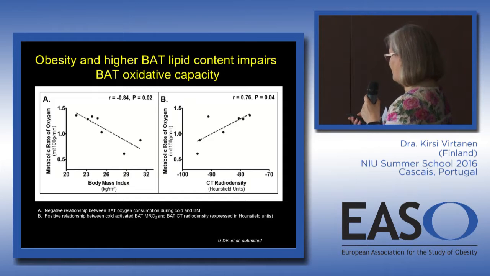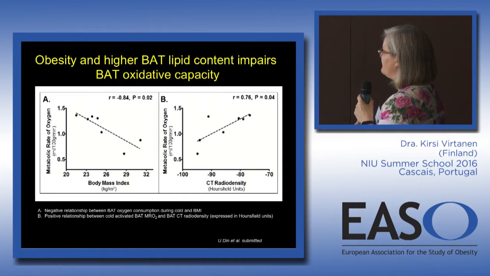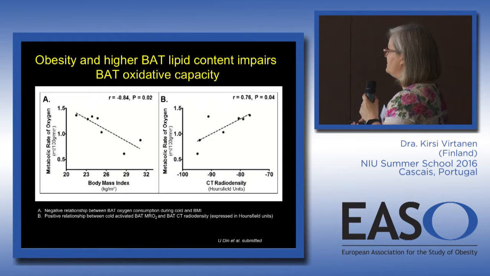And also this metabolic rate of oxygen in brown fat is inversely related to body mass index, again suggesting the correlation between obesity and brown fat functional capacity.